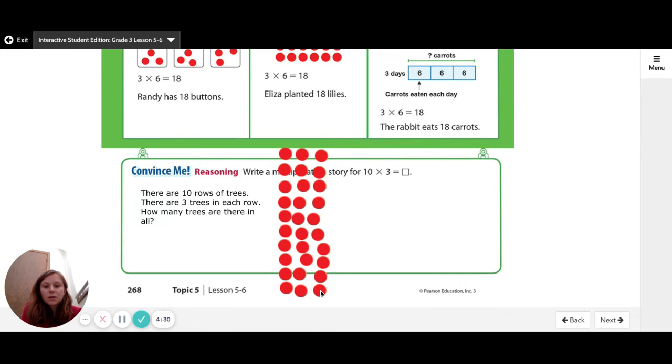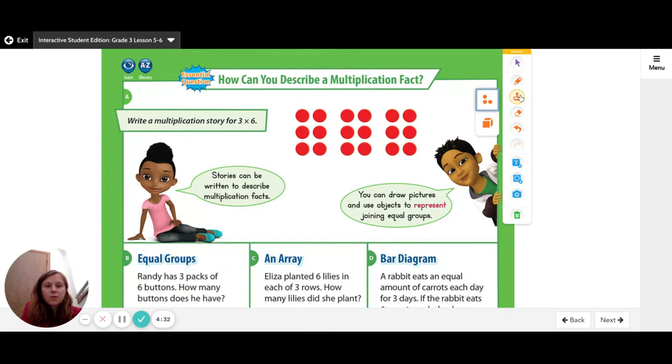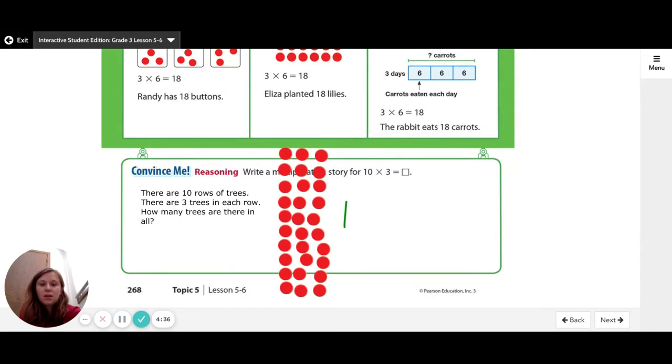And then when I'm ready to solve, I know that I will do my rows times my columns. So I would do 10 times 3 equals, I know 10 times 3 is 30. And for my word problem, it would be 30 trees. Let's turn the page.